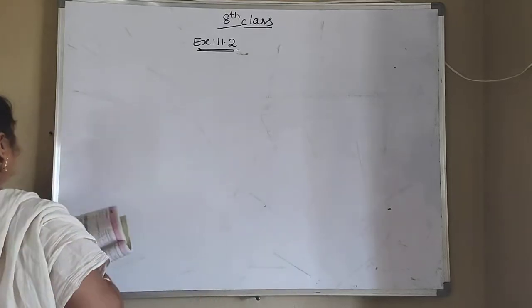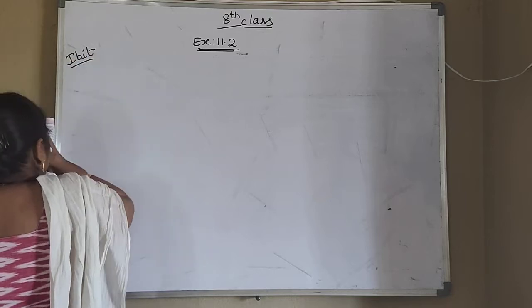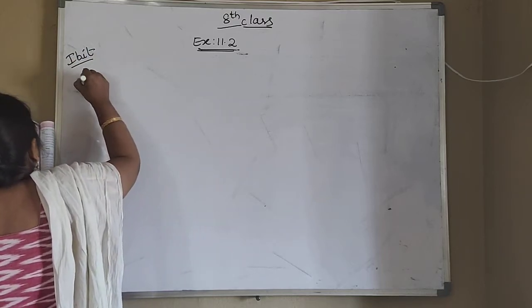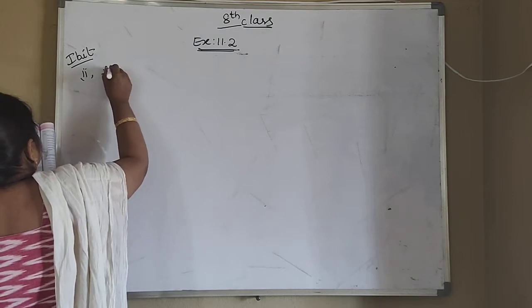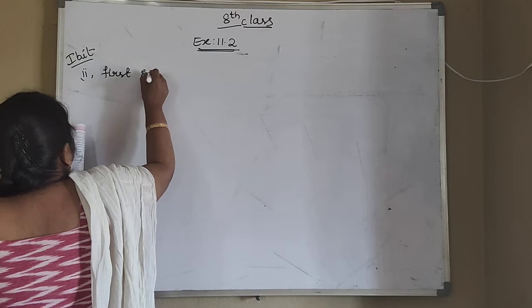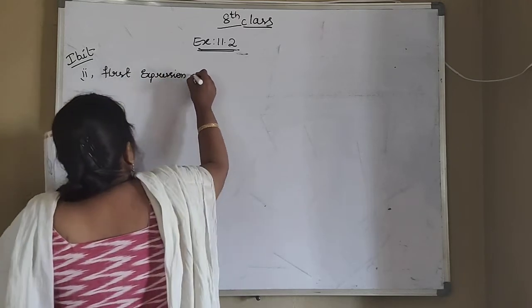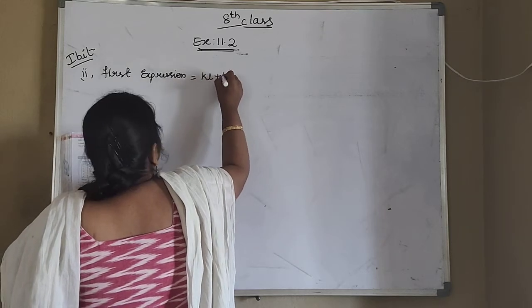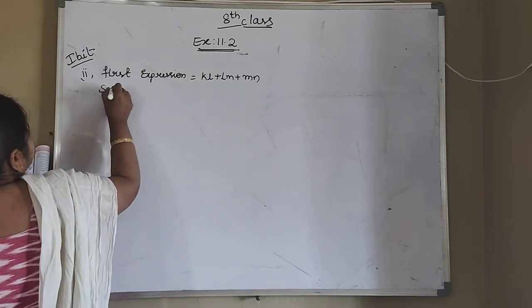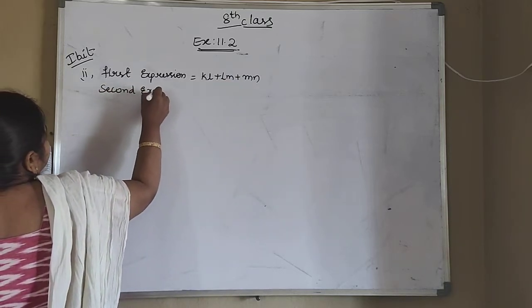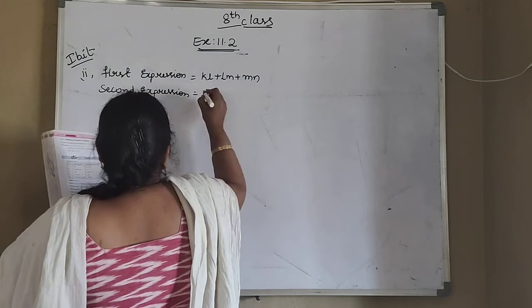In this first bit, second one, first expression is KL plus LM plus MN, and second expression is 3K.